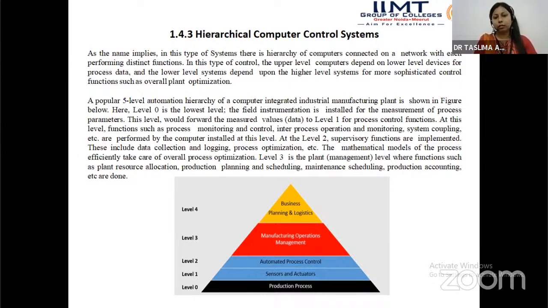After that, the automated process control is mainly maintained by manufacturing operations management, and above there is business planning and logistics. Always in higher industries, and nowadays, we are following this pattern because we are governed by some rules and regulations from the higher authority.